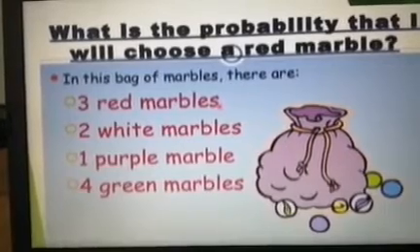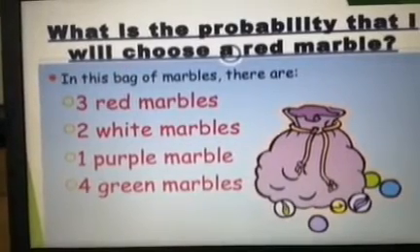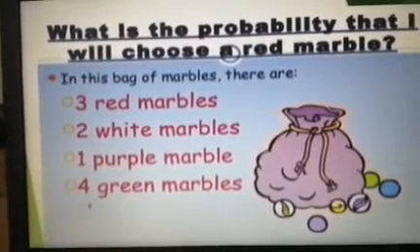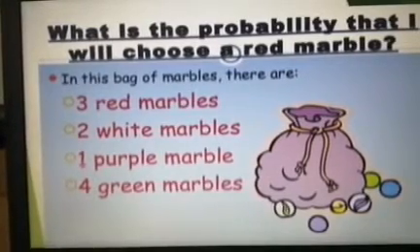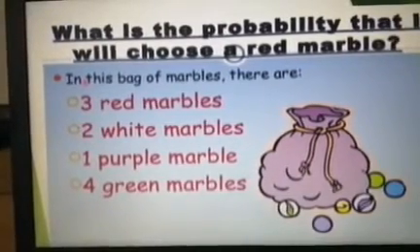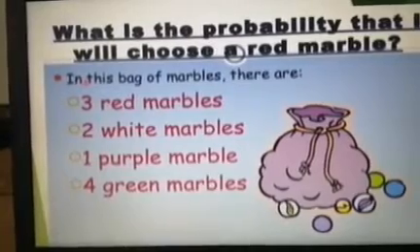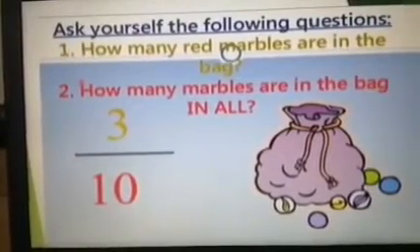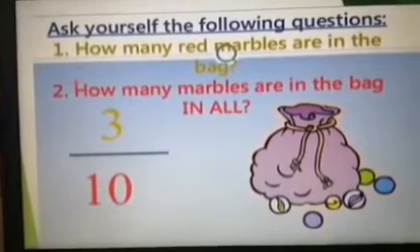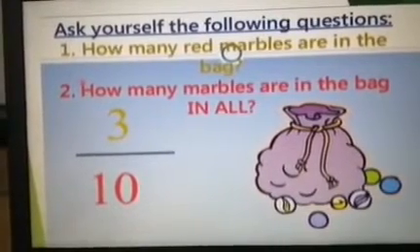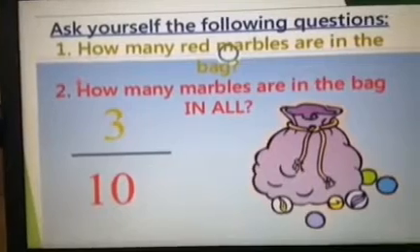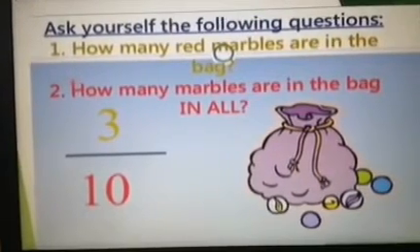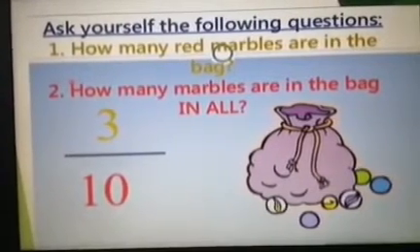So in the numerator you write 3. But what is the total number of marbles? 3 plus 2 is 5, plus 1 is 6, plus 4 is 10. So your answer should be 3 divided by 10. The number of marbles in the bag in all is 10. Therefore the probability of the red marble occurring is 3 by 10.